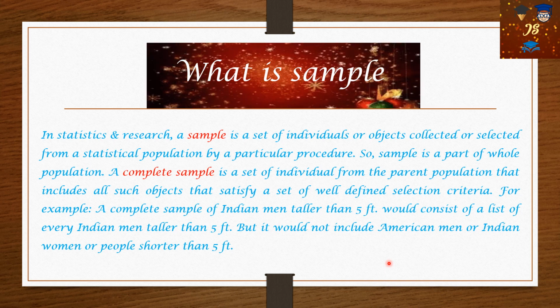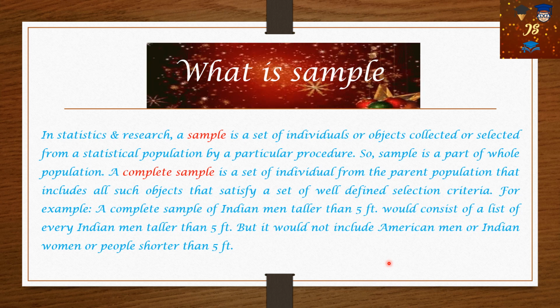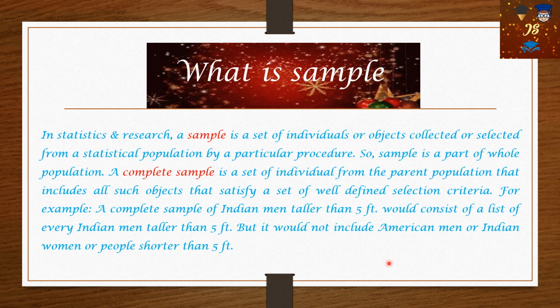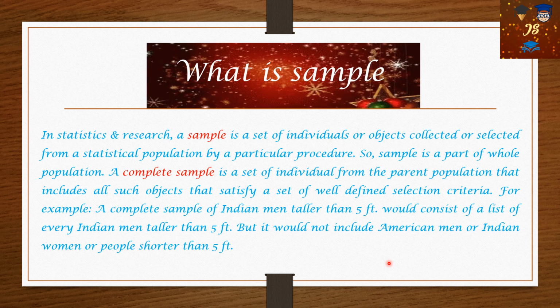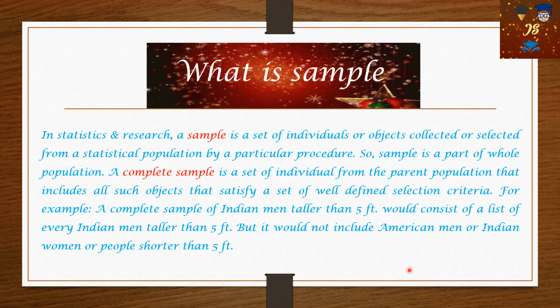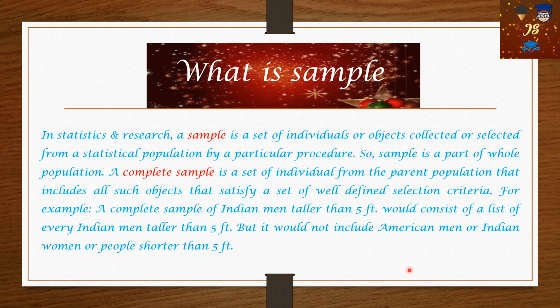Now we can say that wherever the Indian men reside, in whatever corner of India, if that particular man is above 5 feet, these are the general physiological criteria for that man. But it would not include the American men or Indian women or people shorter than 5 feet, because we have researched only with the men who are taller than 5 feet.